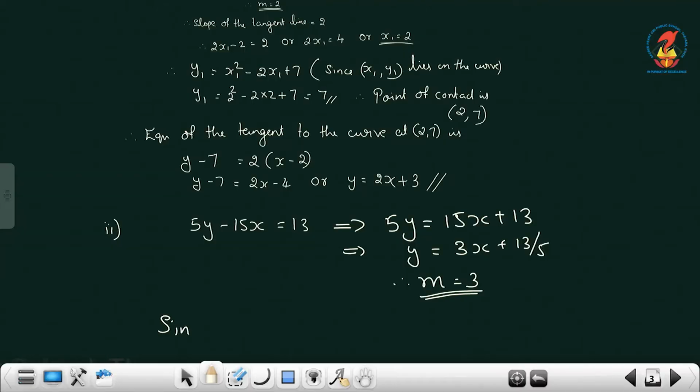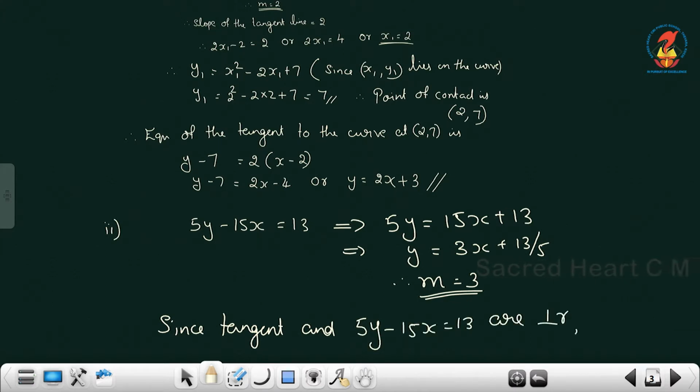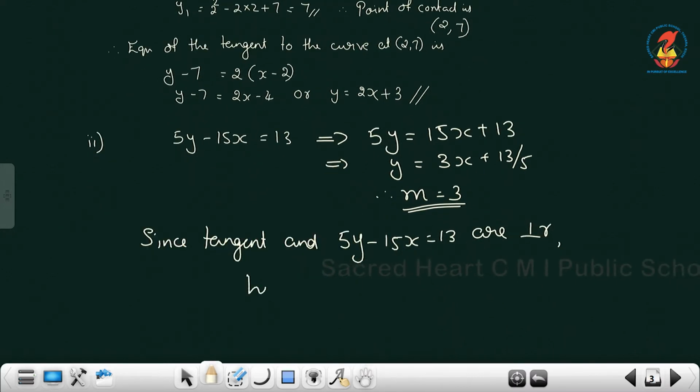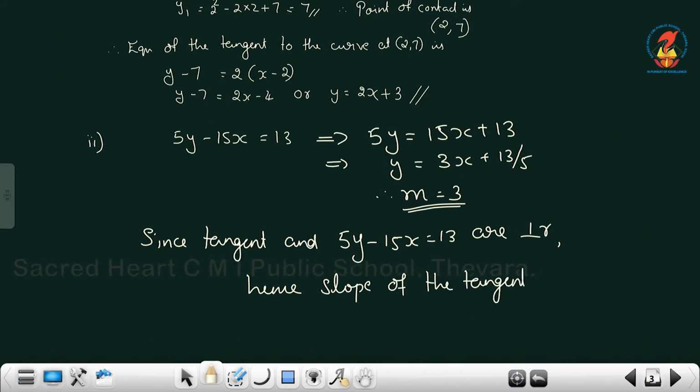Since the tangent and this line, 5y minus 15x is equal to 13, are perpendicular, what is the slope of the tangent?